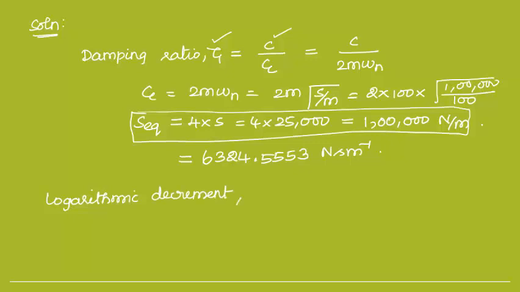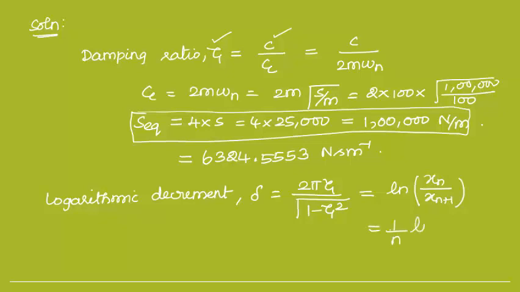Logarithmic decrement delta can be calculated using the relationship 2 pi zeta by root of 1 minus zeta square, and another formula for calculating logarithmic decrement is ln of xn by xn plus 1, which can be calculated using 1 by n ln of x naught by xn.